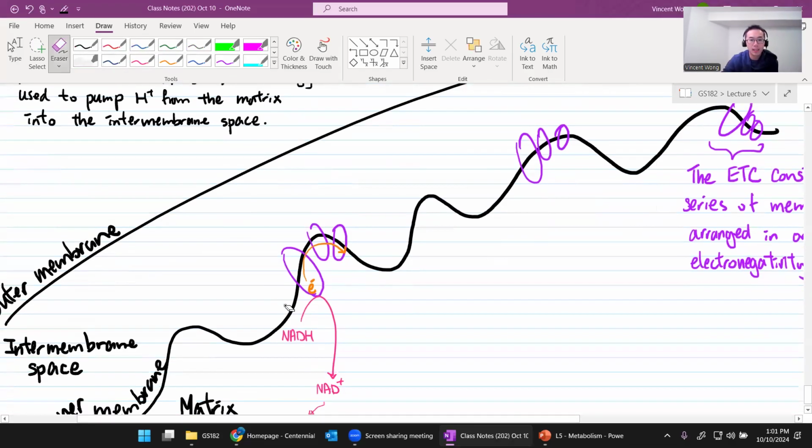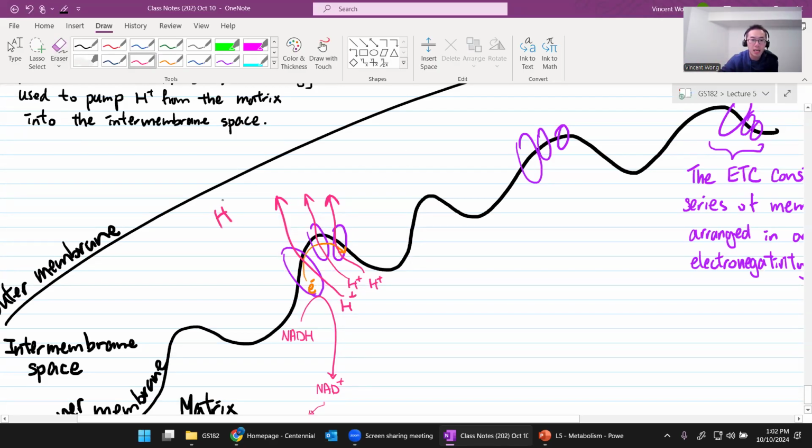Basically, when the electron is flowing down the ETC, we use the electron's energy to pump H plus from the matrix to the intermembrane space. Every time the electron flows down the ETC, you will keep on pumping H plus into the intermembrane space.